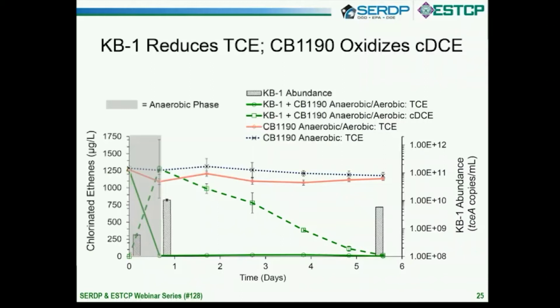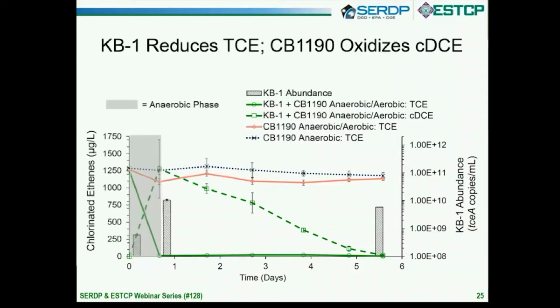We have a single bottle in which KB1, a reductively dechlorinating culture generously provided to us by SiREM, is mixed together with aerobic CB1190. Both groups were present at the same time, and it started anaerobic, and then we changed the conditions to aerobic after TCE was all gone.